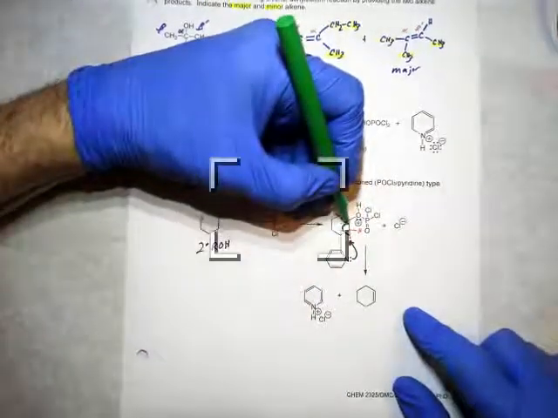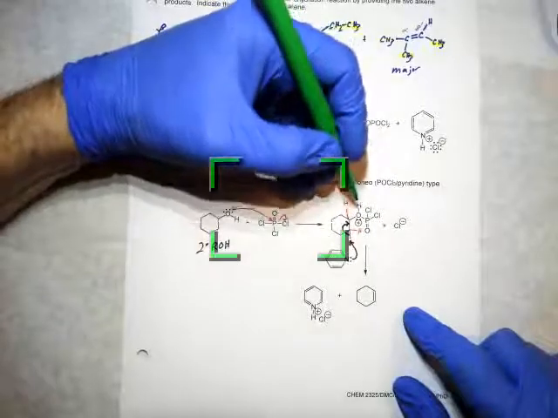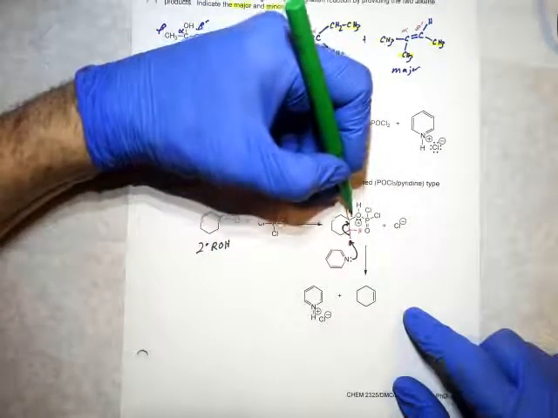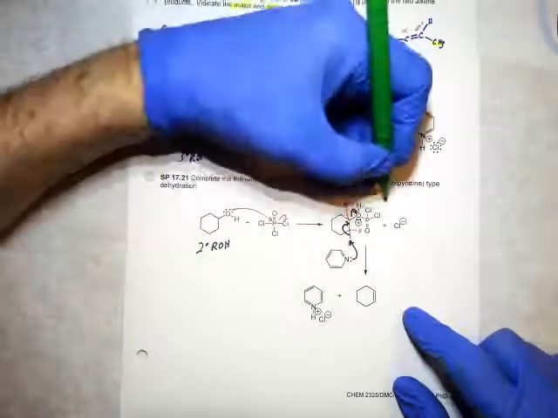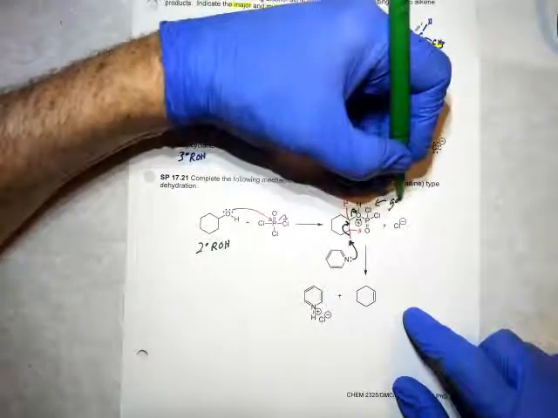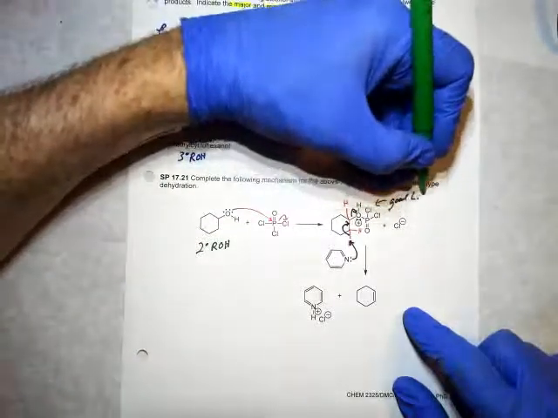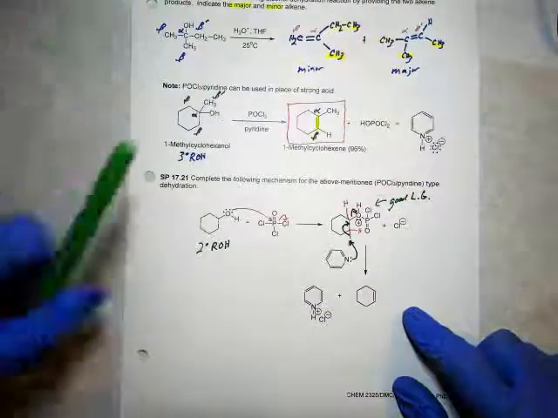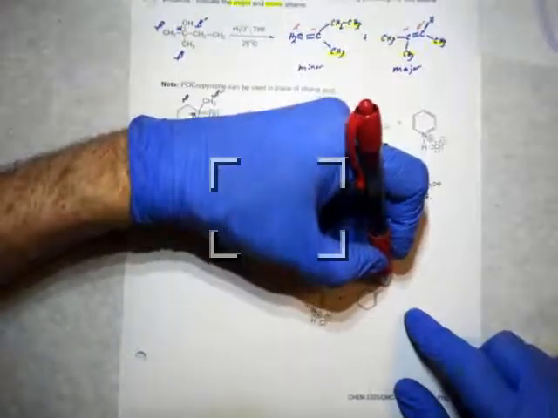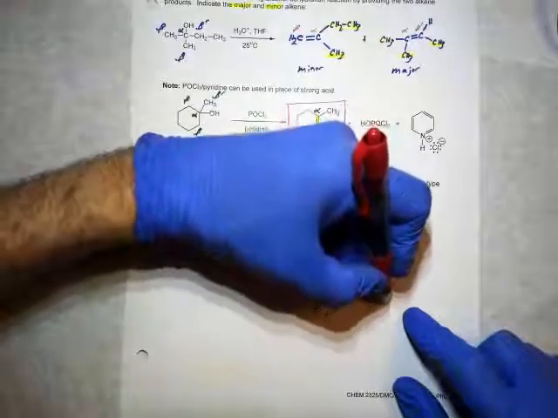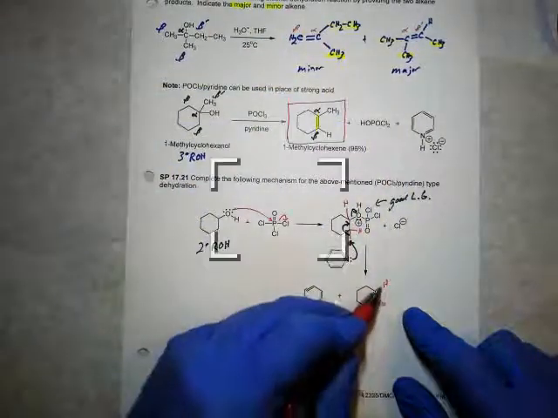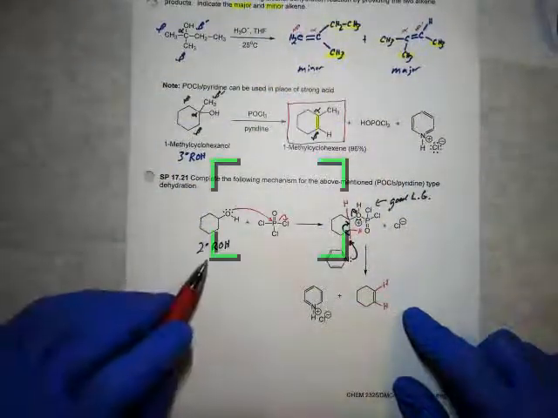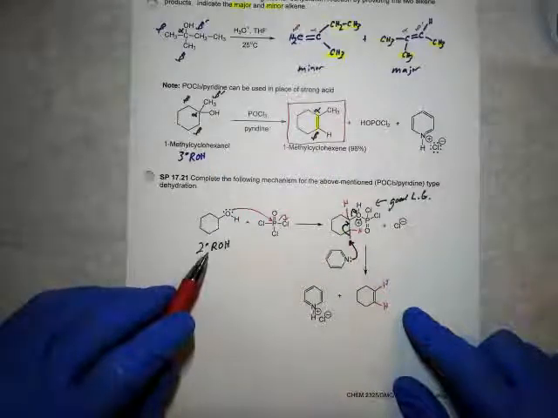This pair of electrons collapses between the alpha and the beta carbon, and this bond here will break because, guess what? This is now a good leaving group, LG. And so the net result here is you end up with cyclohexene. So this would be the prominent mechanism if you had a secondary alcohol.